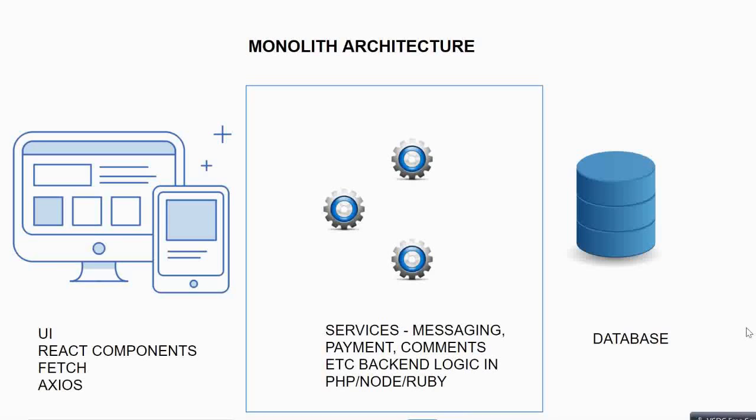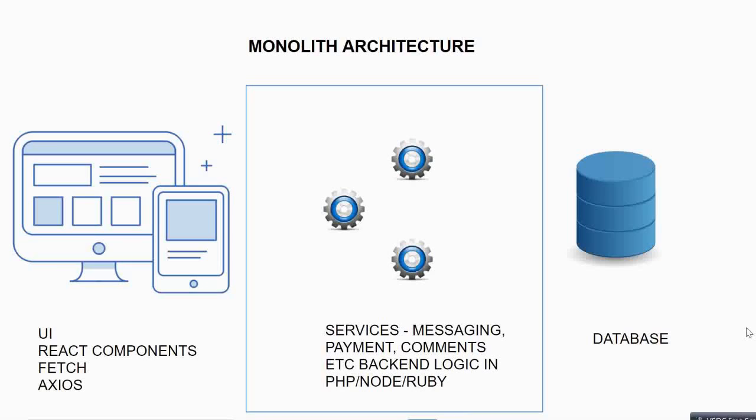Okay, so you see the services, the messaging, the payment, the comments. Let's say for Facebook there are comments, there are likes, or if you take the case of Uber, then there is the transaction, then payment, everything. It was earlier in a single server, and it's all together.